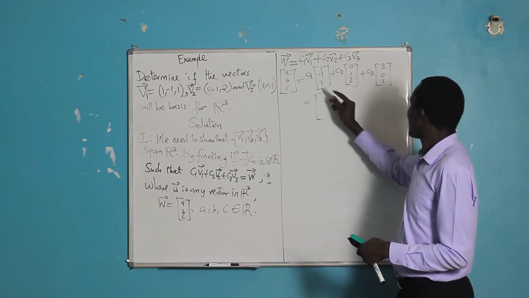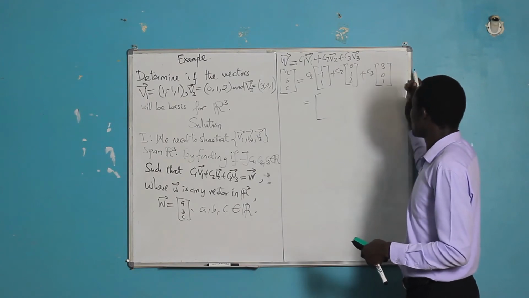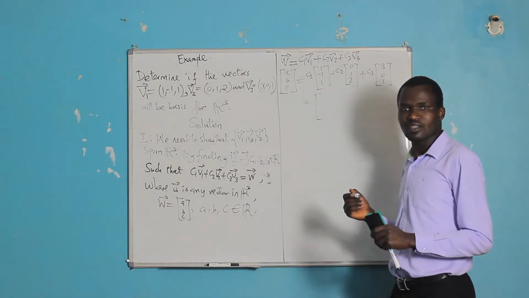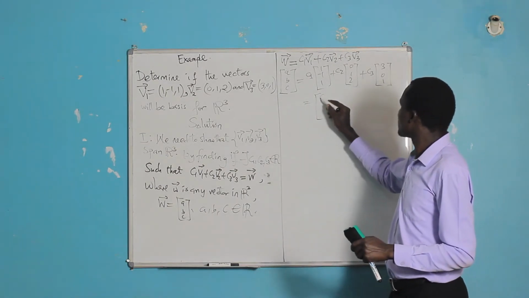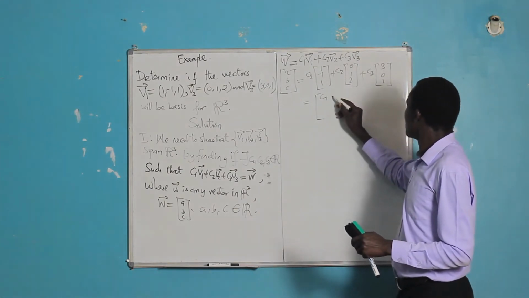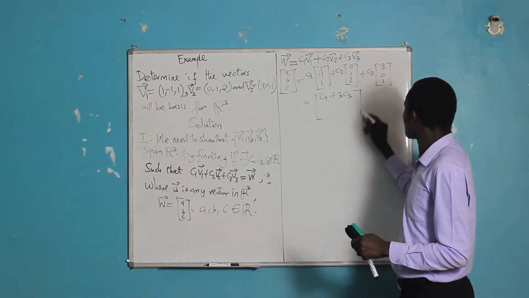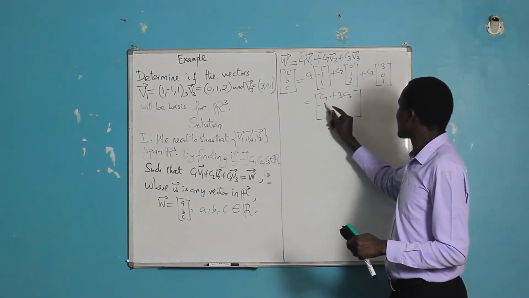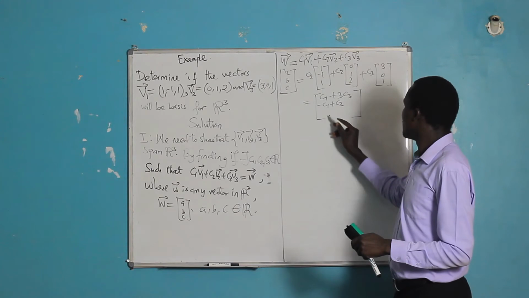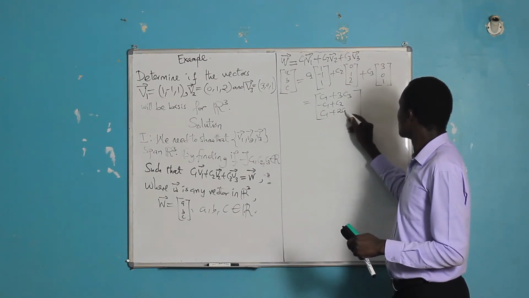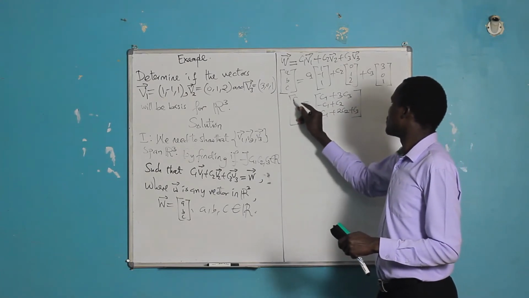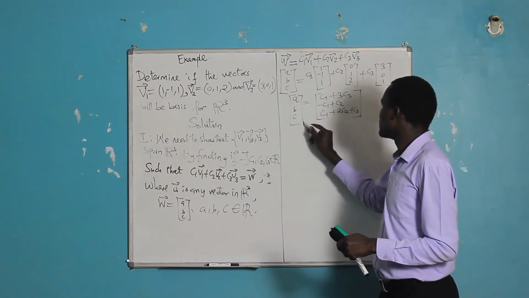Now, multiplying and adding all of them, as you have been doing in other examples in the past lecture, we get C1 plus 3 C3, negative C1 plus C2, and C1 plus 2 C2 plus C3, equal to vector W, which has entries A, B, and C.